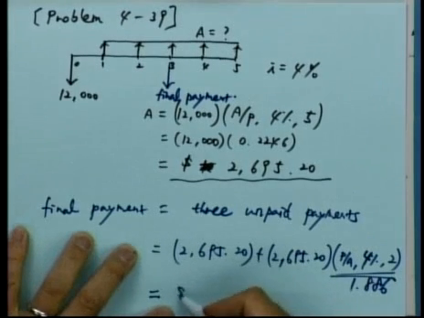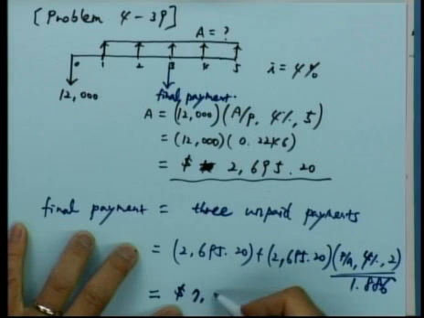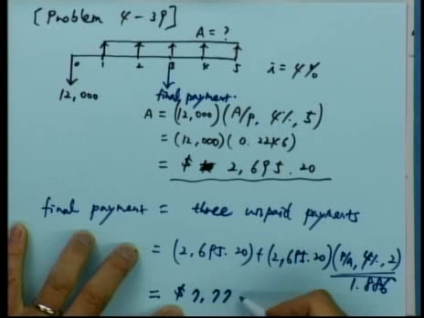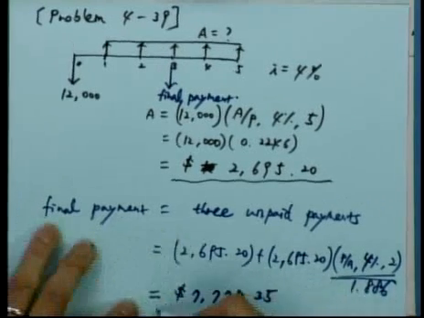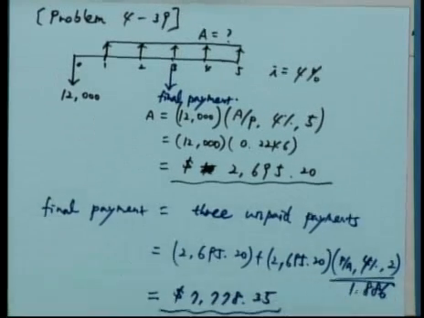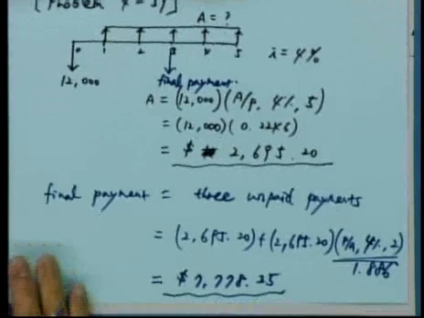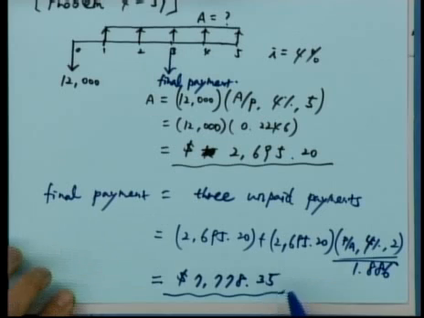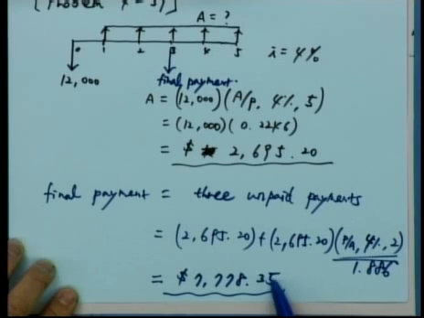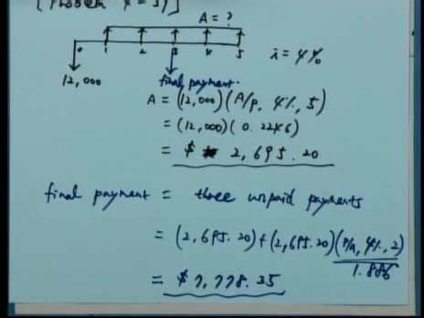Okay, this is $7,778.35. Okay. So this is the final single payment after the second payment.